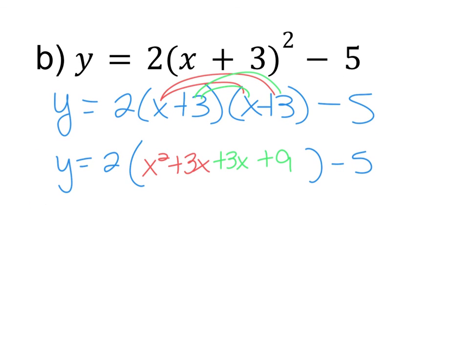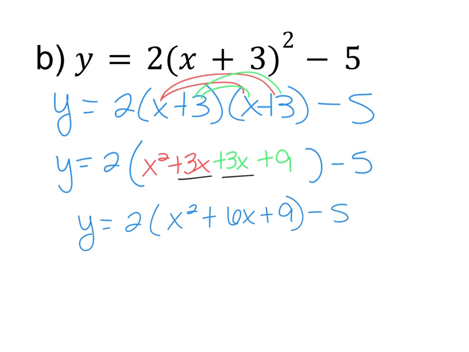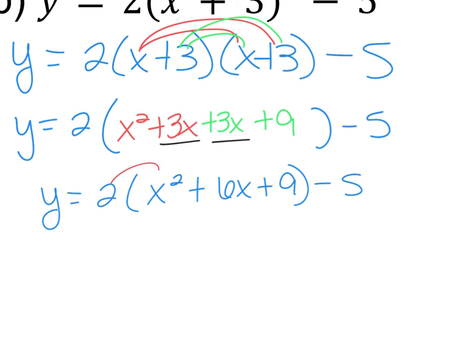Okay, so I could distribute that too if I wanted to, but personal preference, I'm going to combine my like terms first in the middle just to have less to do. So this will be 2 times x squared plus, when you add those together, you get 6x plus 9 minus 5. Okay, distribute that 2 in.